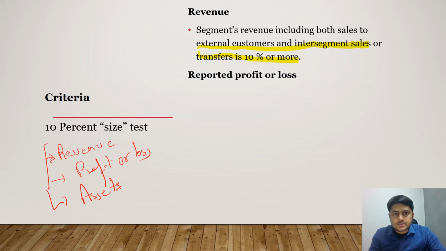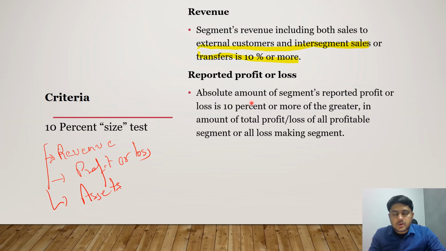reported profit or loss. The absolute amount of the segment's reported profit or loss is 10% or more of the greater, in amount, of the total profit or loss of all profitable segments or all loss-making segments. Let me explain this to you.